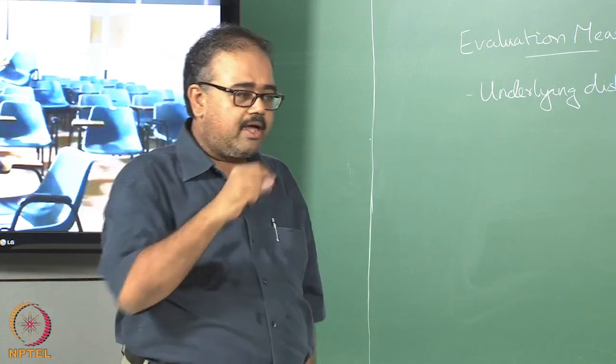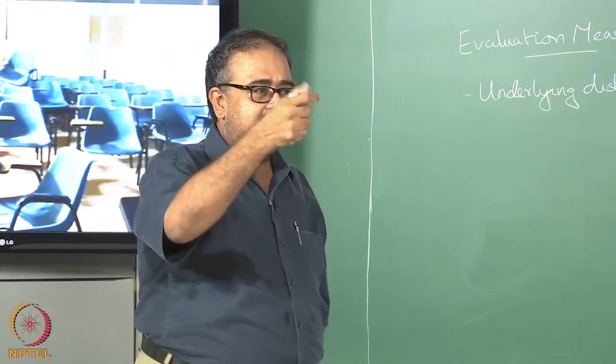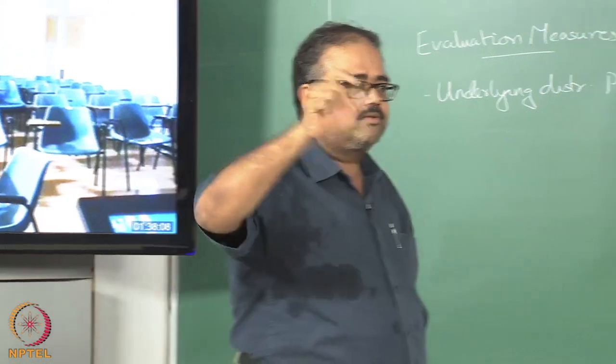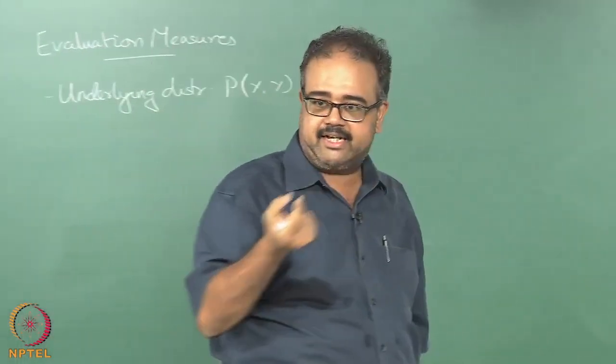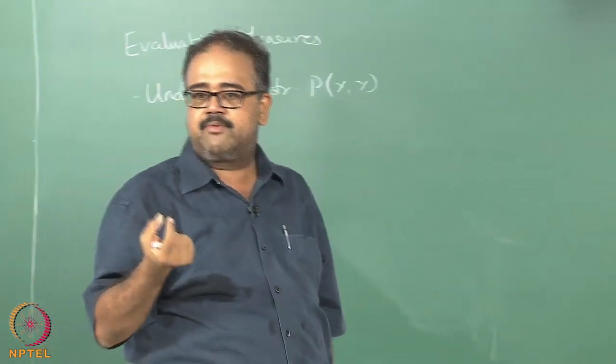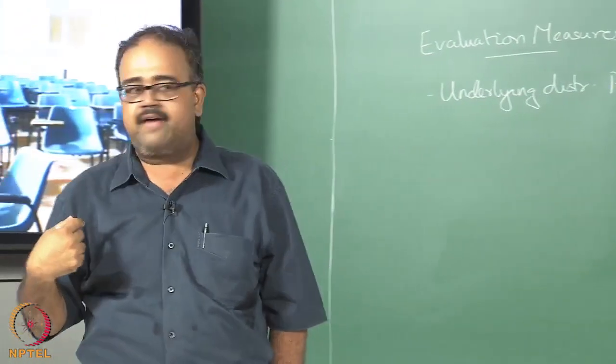I am not really interested in figuring out the squared loss or the ridge regression loss or anything like that. I am using that to come up with a single classifier, but at the end of the day, when I am looking at how well this classifier performs with respect to the underlying distribution, I have certain measures.